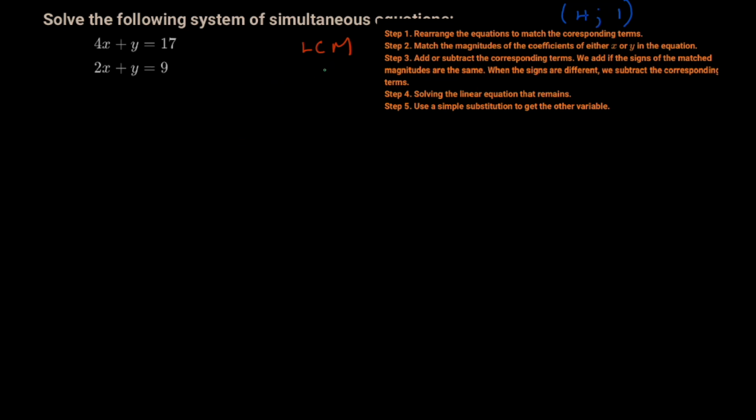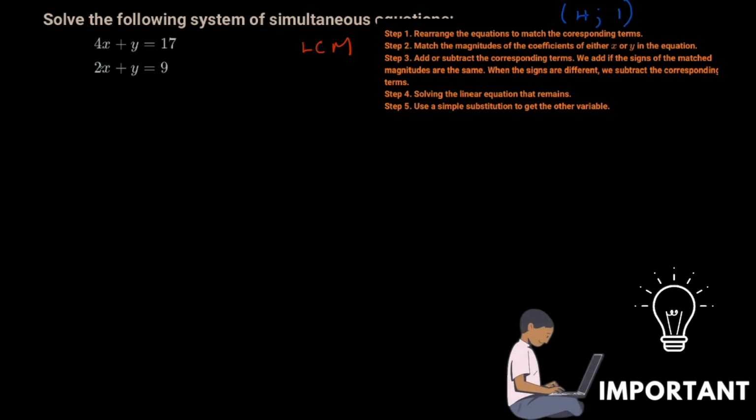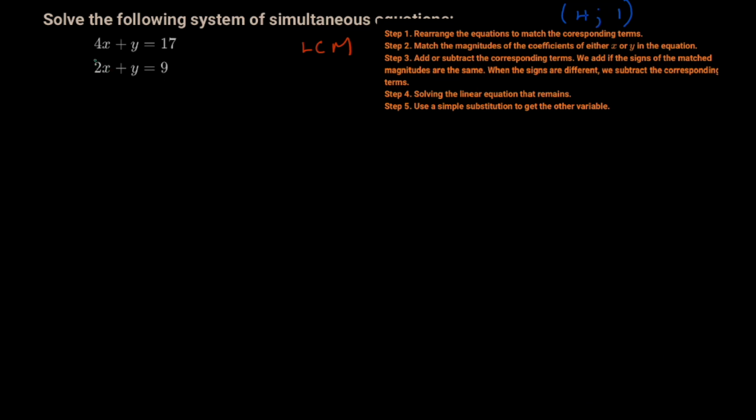One way to think about it is if you had denominator 4 and denominator 2, what would you put as your common denominator? Obviously 4. Then you have to strategize to say, what can I do to this 2 in order to create 4 there? I have to multiply this one by 2. If you multiply this one by 2, remember you're supposed to multiply each and every term. That's how you keep your equality.